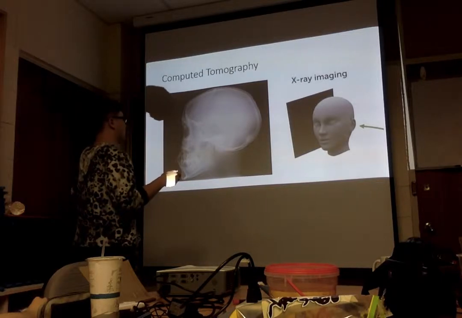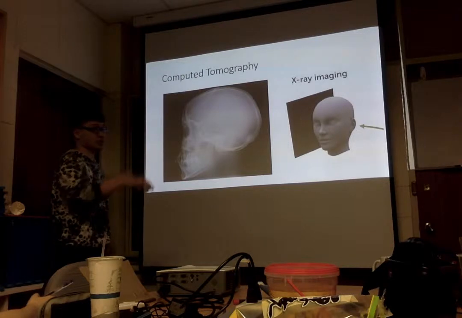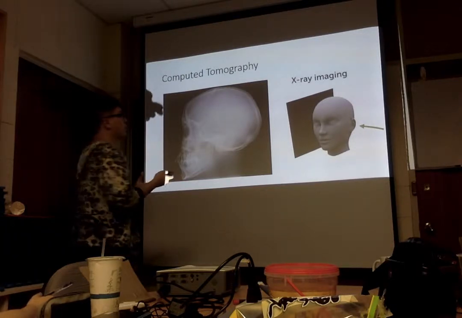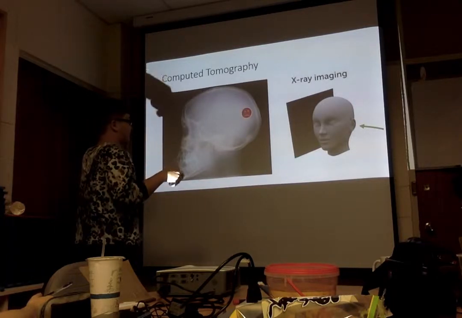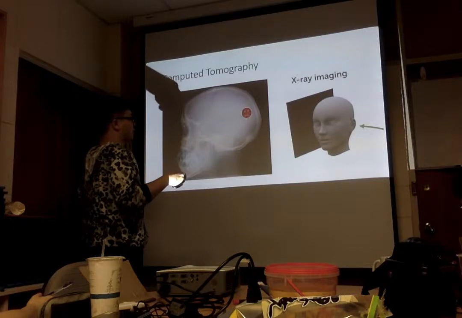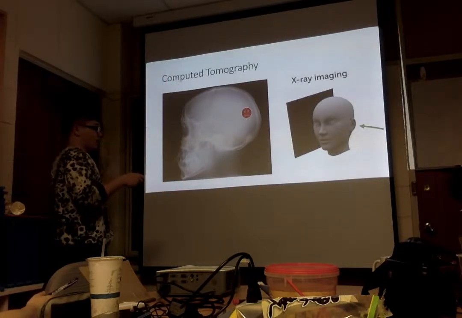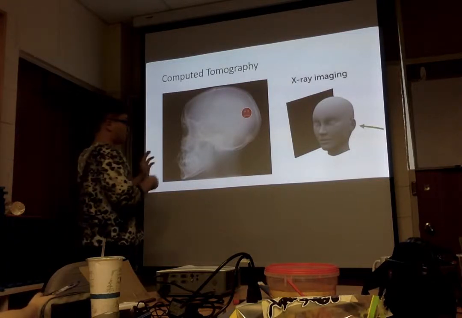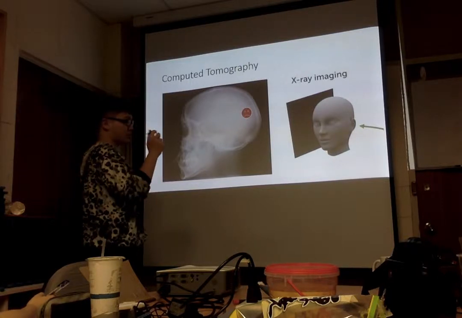But this is a 2D image of a 3D object, so some information is lost. For example, if Annie has a tumor, we can see by this image that there's a tumor on the back of her brain, but we couldn't know whether it is on the left or on the right.